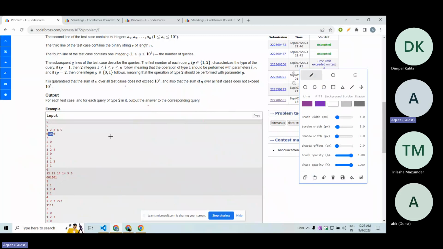We need the XOR from L to R in the original array that you have been given, which you can easily find using the prefix XOR.